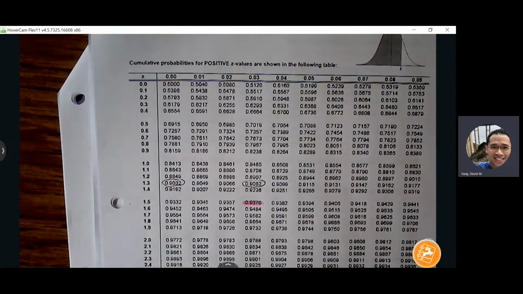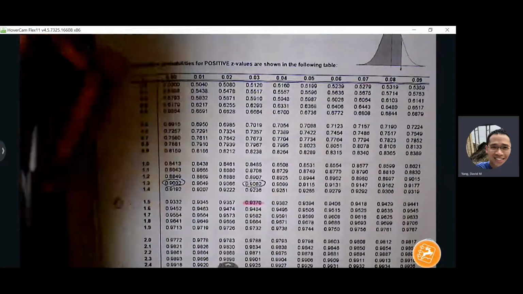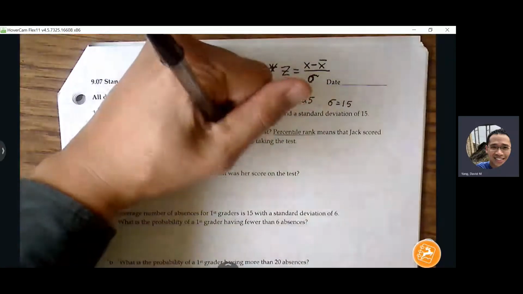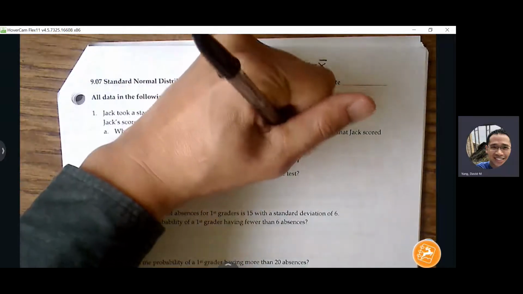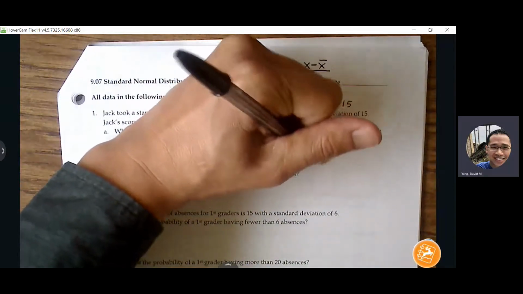It's asking for percentile, so we convert that decimal to a percentage, 0.937, which is the 93.7 percentile.